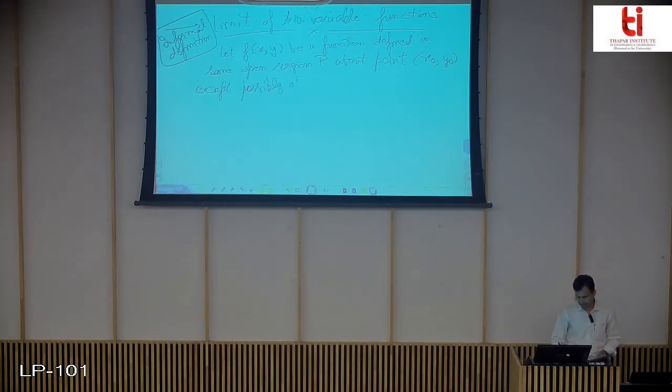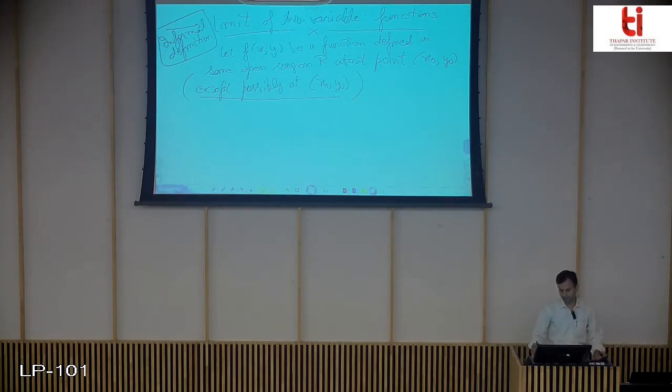You can see that in the previous definition also we were writing "except possibly at x0" for the single variable function. Now why is he writing this? Because the actual use of limit is at those points where we are not able to find the value directly.